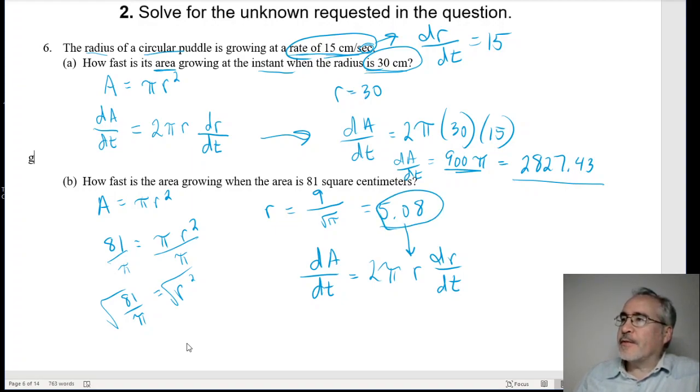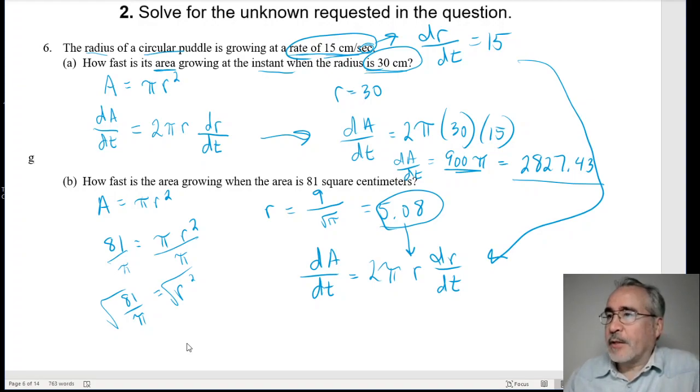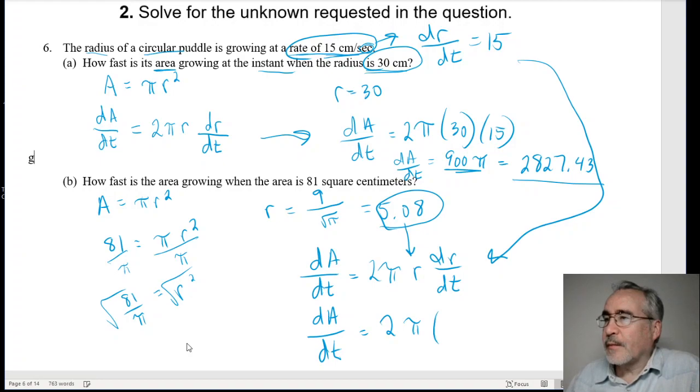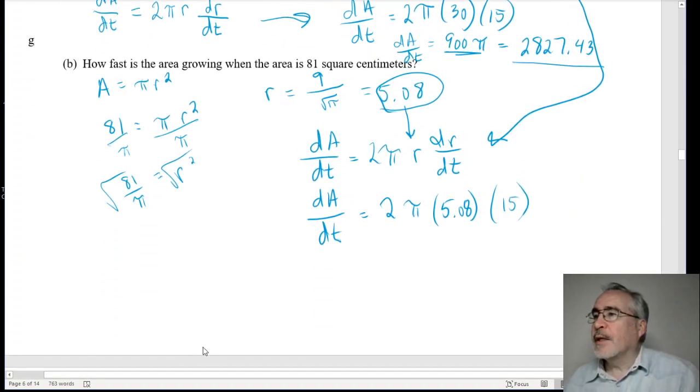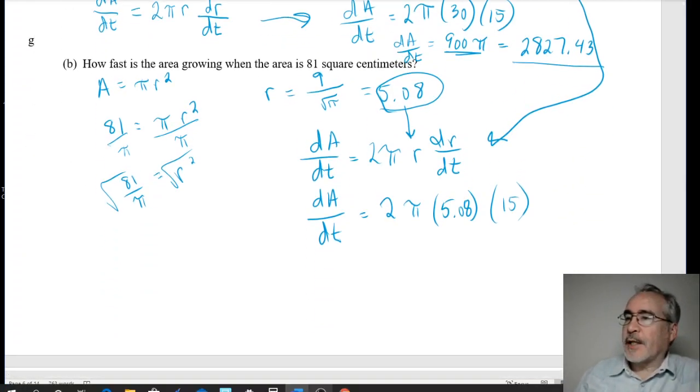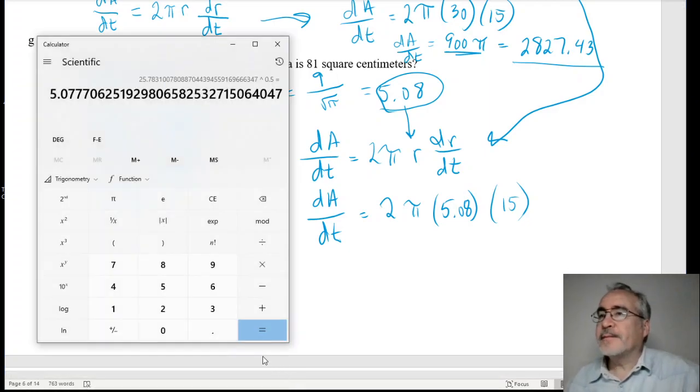Dr dt is still 15, so that's going to go in here, and then we'll be able to find dA dt. So we just go ahead and multiply all that out.